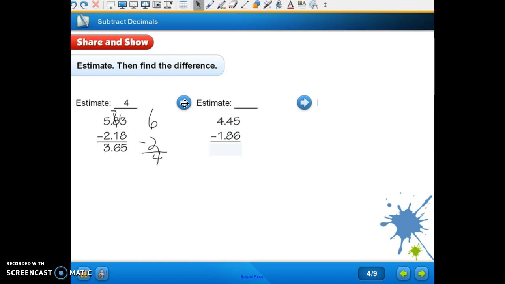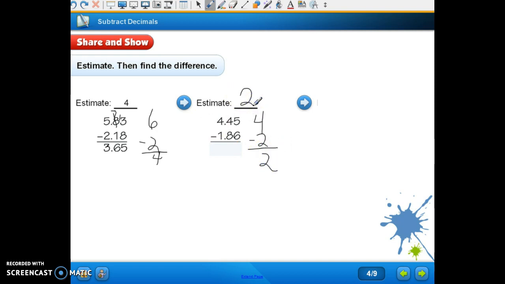Stay the same. Okay? How about the 1 and 86 hundredths? What will that round to, Stephen? 2. And we're subtracting, so 4 minus 2 is 2. So our estimate is 2.